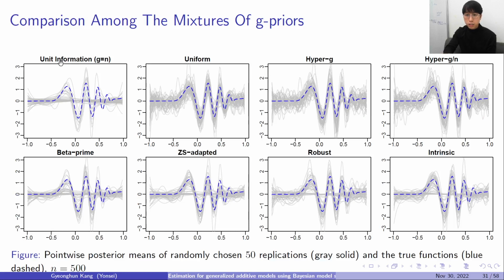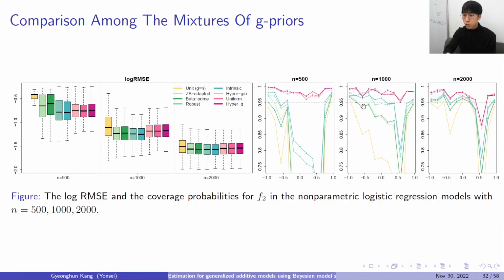And obviously the unit information prior is very flat, and the other priors, some of them are flat, but apparently they are capturing the variations here, and especially the robust and intrinsic, they are doing a better job in this spatially inhomogeneous region. And that is shown in the coverage property here.